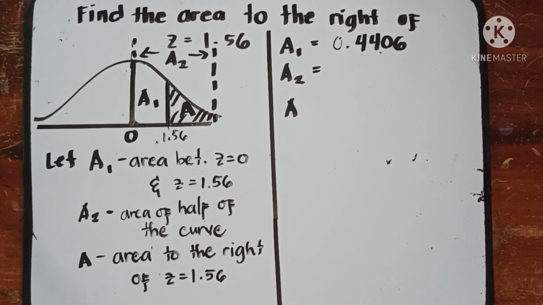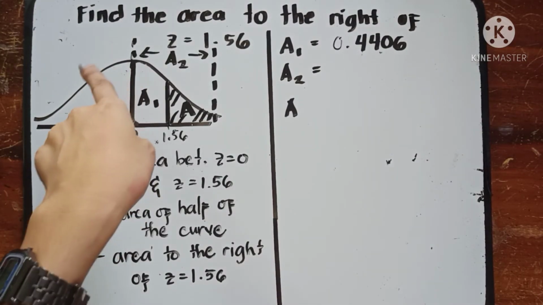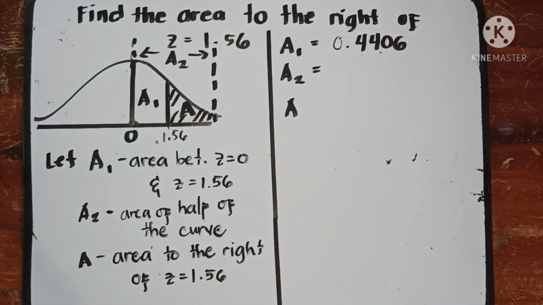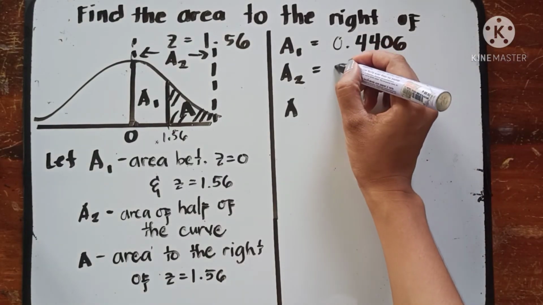Ang A sub 2 natin is area of half of the curve. So, ulitin ko lang, one of its properties, the total area under the normal curve is 1. So, ibig sabihin, ang half or kalahati ng curve, ang area ng kalahati ng curve is equivalent to 0.5.